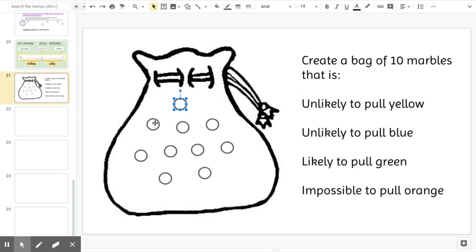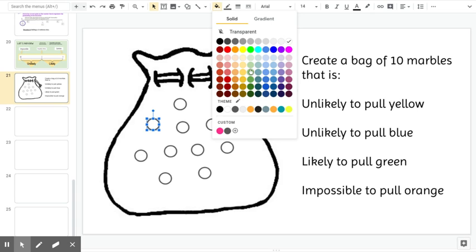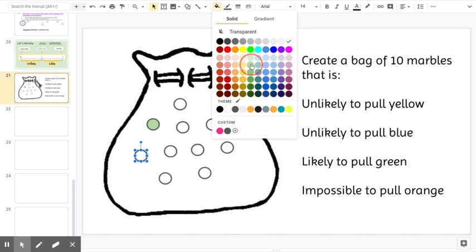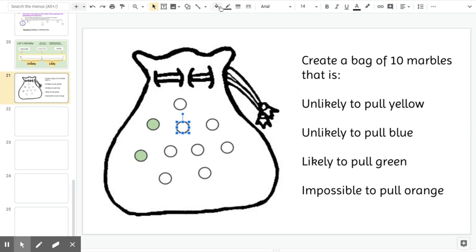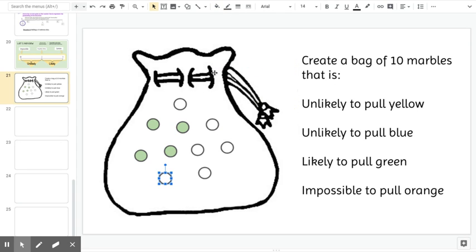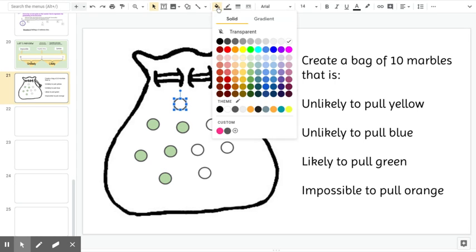So I'm actually going to start with likely because I think that might be a little bit easier. If I have 10 marbles and I know that it's likely to pull green, half of 10 is 5. So I know that I need to make more than half of my marbles green. Right now it would be equally likely. So I can do 6 marbles.